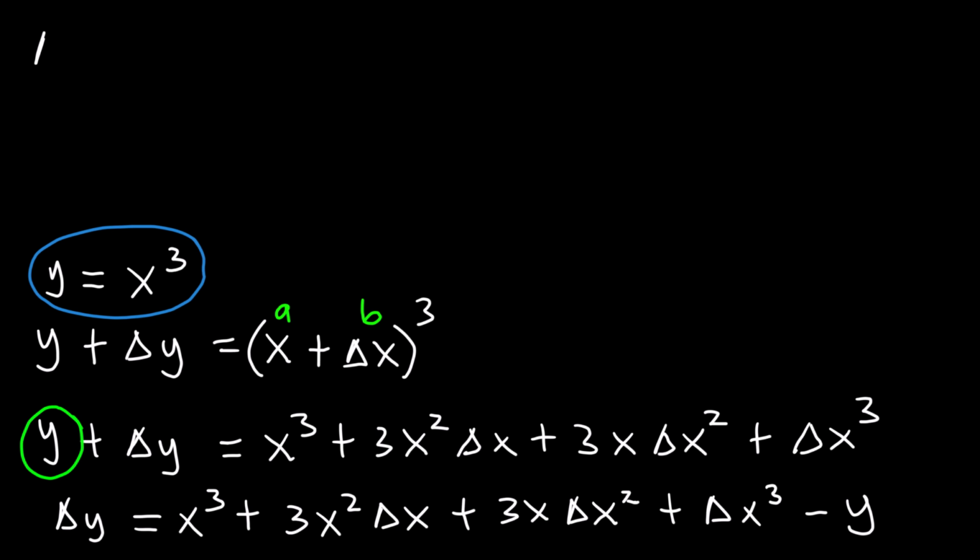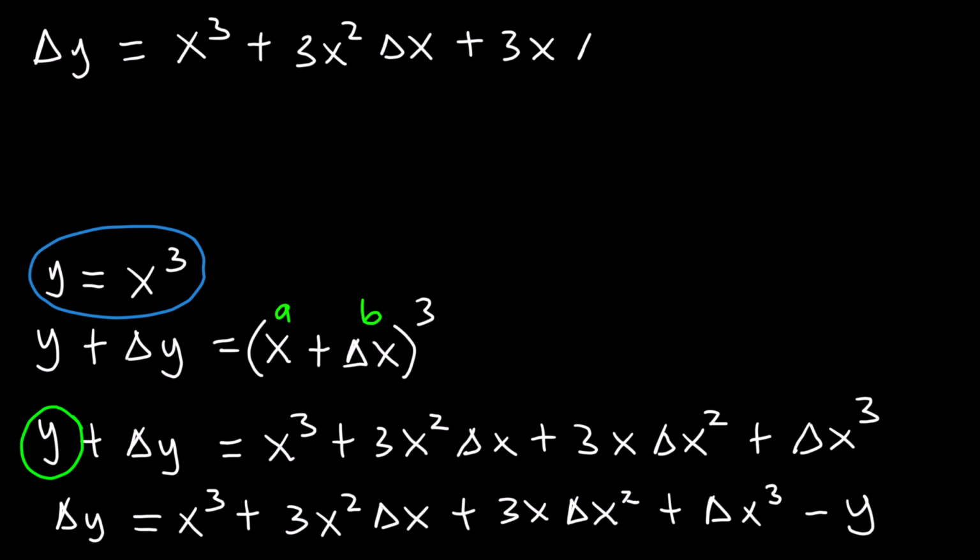So this will be change in y equaling x to the power of 3 plus 3x to the power of 2 times change in x, and then plus 3x times change in x to the power of 2 and then plus change in x to the power of 3 minus x to the power of 3.